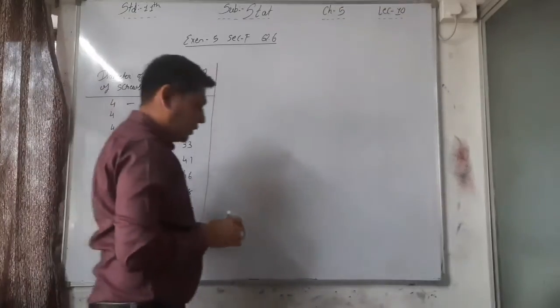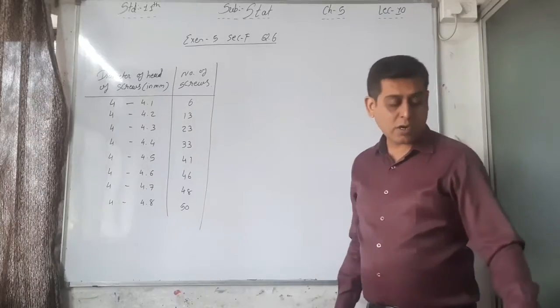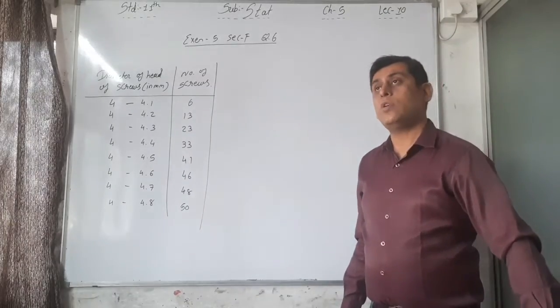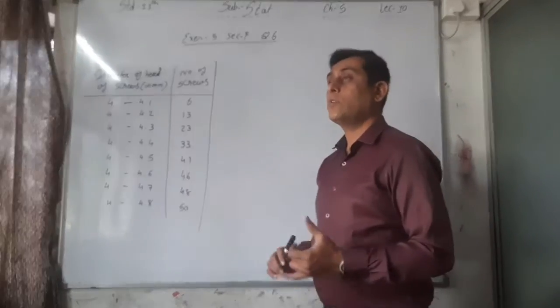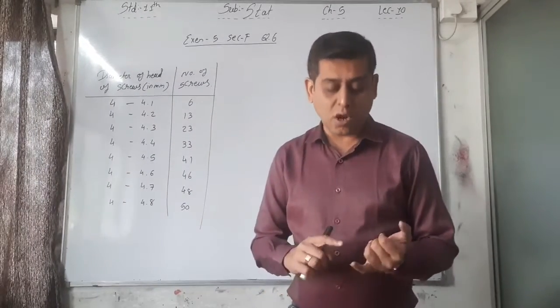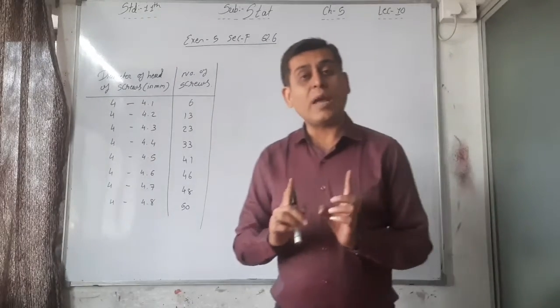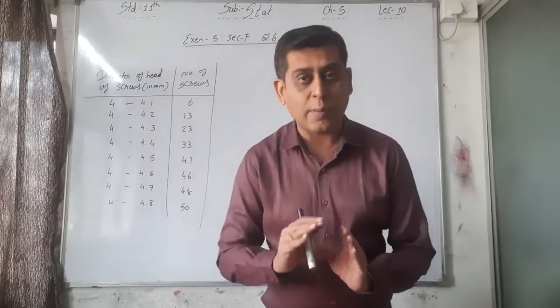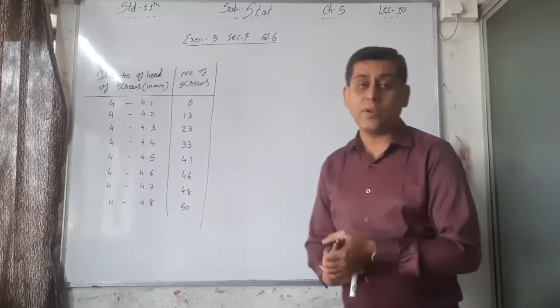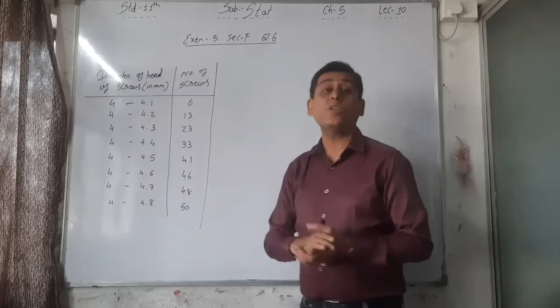The question is given like this, but this is not your original question, because when classes are given, they are based on two values. Inclusive or exclusive type continuous grouped data is what is usually given, but here this is neither an inclusive nor an exclusive type of data.